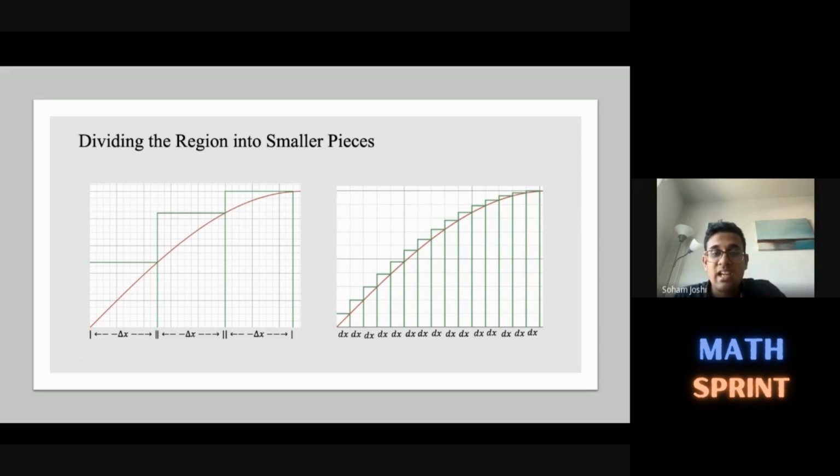But let's say we increase the number of rectangles to say 15 or something even larger, like 100,000. The width of each rectangle decreases from delta x, as shown on the left, which is a relatively higher value, to a relatively more negligible value of dx. Notice how on the right, the combined area of the rectangles is a lot closer to the area of the region. The rectangles don't occupy as much extra space on the graph on the right.